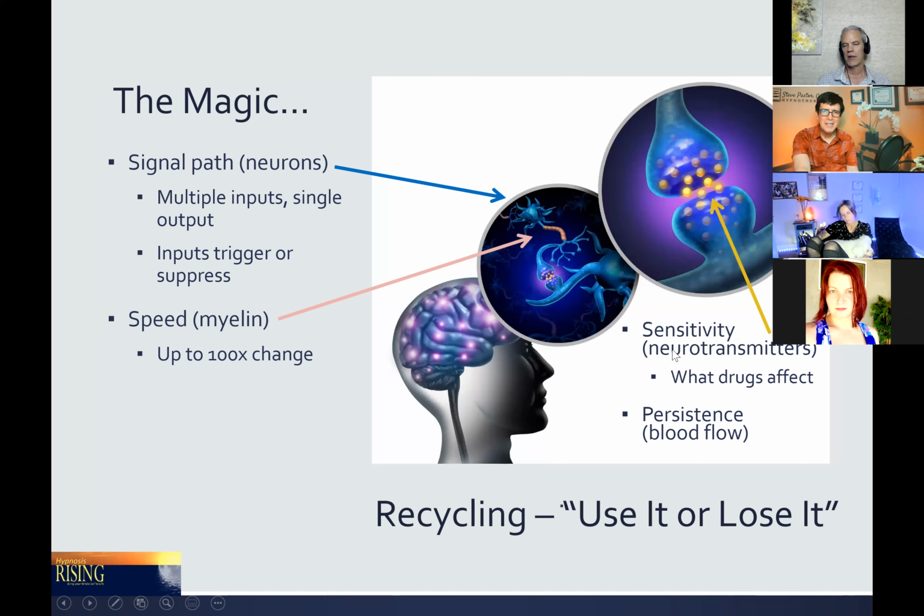So the next stage is sensitivity, which is when the electrical impulse gets to the synapse, how likely is the signal to cross over to the next neuron? And that has to do with neurotransmitters. If you've got enough neurotransmitter or enough receptors, it's basically the gain switch as to how big the signal has to be to cause the next cell to respond.